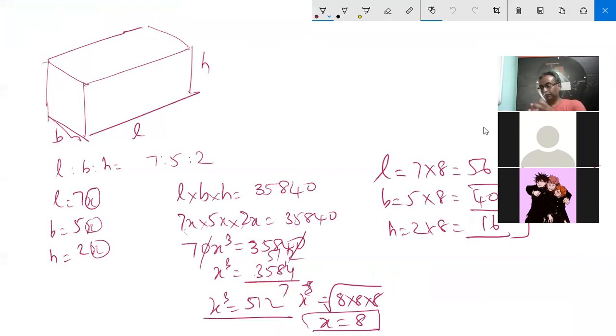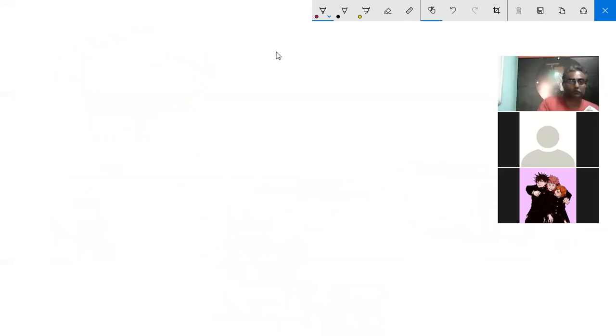Let us go into this example 7.11. The dimensions of a fish tank are length is equal to 3.8 meter, breadth is equal to 2.5 meter, height is equal to 1.6 meter.